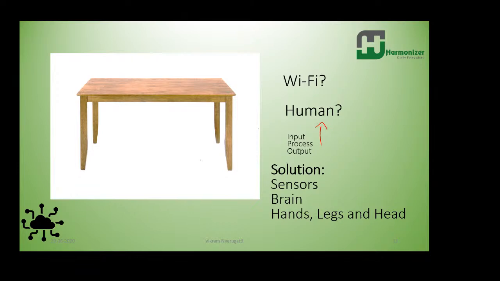Like that we have different sensors. So input can be taken with the help of sensors, as I said in yesterday's video. So we have seeing sensors, touching sensors, listening sensors, etc.